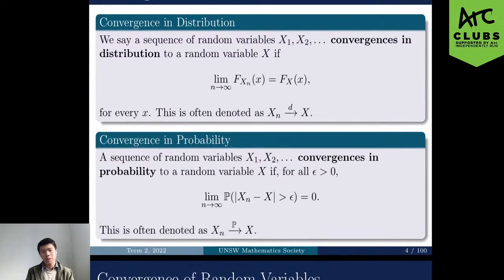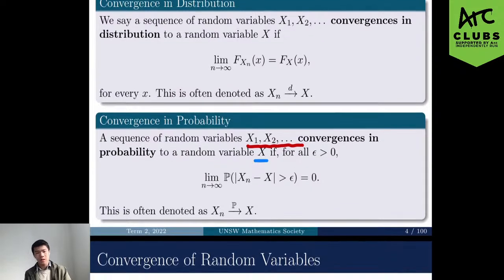This second type of convergence is a bit more complicated, but we have the same setup: X1 down to Xn, and we want to show it converges to X as we did before. What we do is we say the probability of this event needs to approach 0 as n approaches infinity. What is this event?